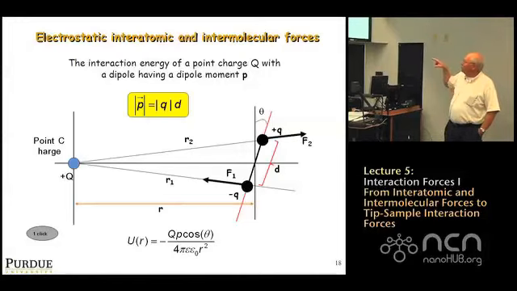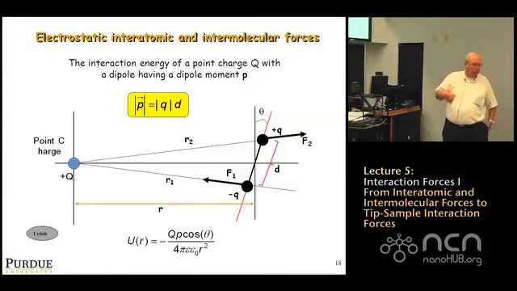What is the interaction potential? What is the potential energy that describes this situation? Well, if I know what the dipole moment of my dipole is, p, and if I know what my point charge plus Q is, the interaction energy, U, is minus Q p times the cosine of theta, where theta is defined by that angle, divided by 4 pi epsilon epsilon naught r squared, 1 over r squared, not 1 over r.